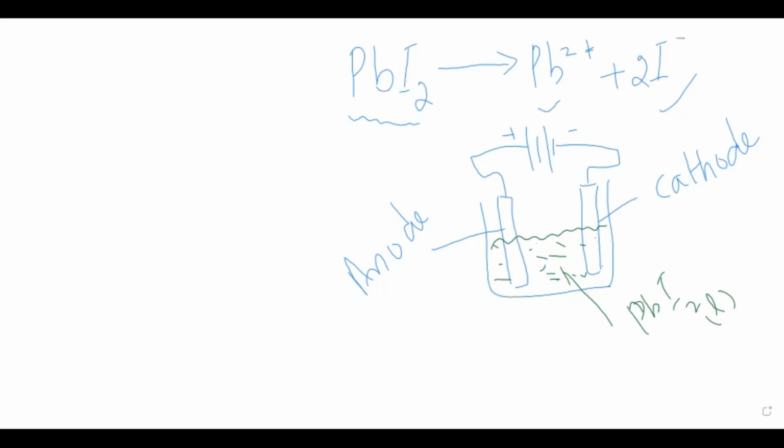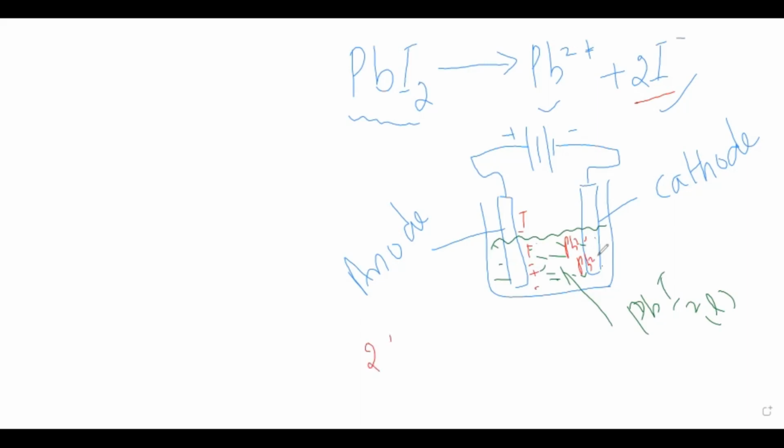Now, at the anode, these ions will move. Iodide ions will come here and lead-2 ions will go there.